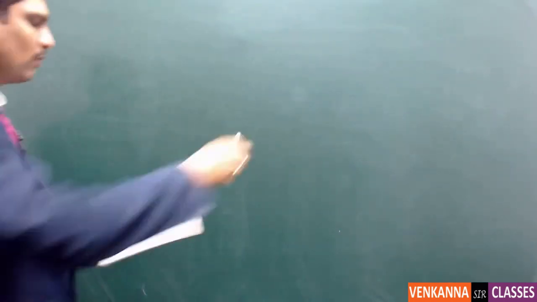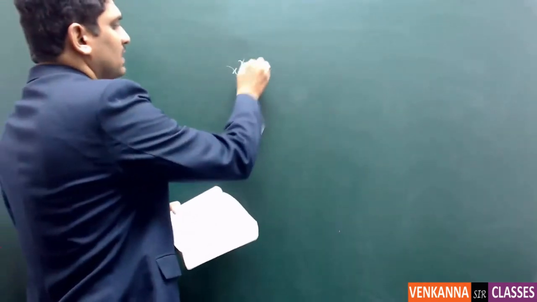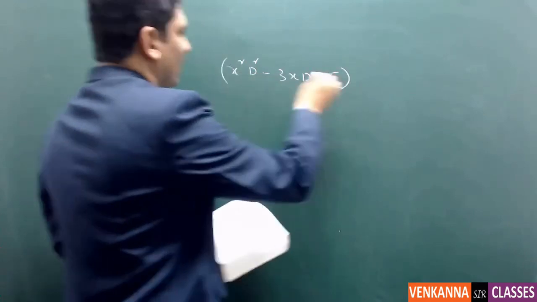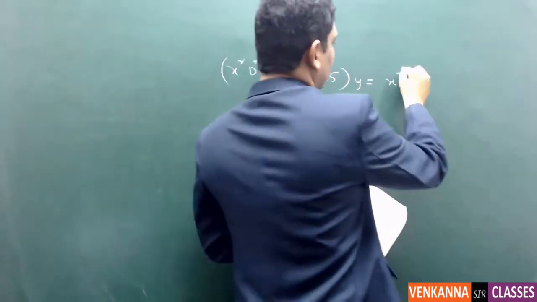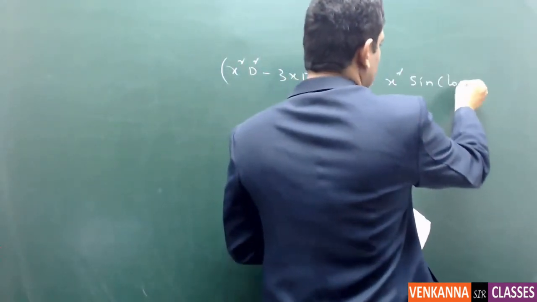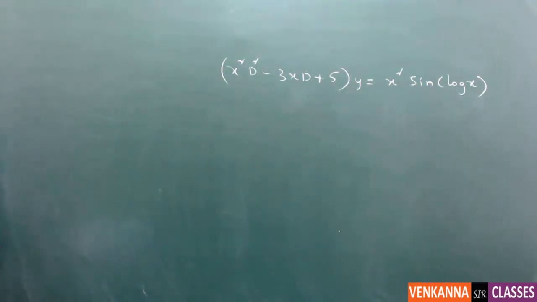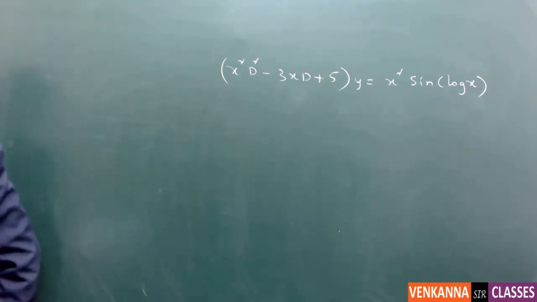So consider the problem x square d square minus 3xd plus 5 of y is equal to x square sine of log x. It is given in that Cauchy-Euler form typically.